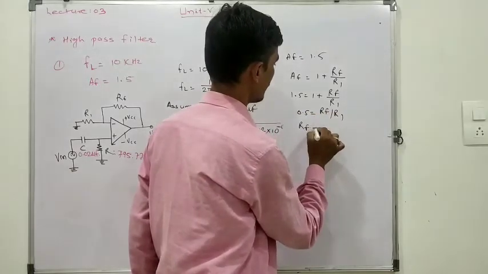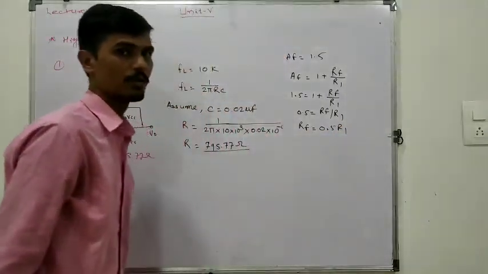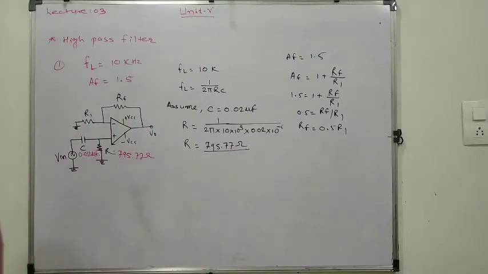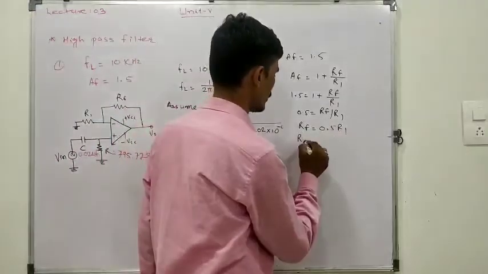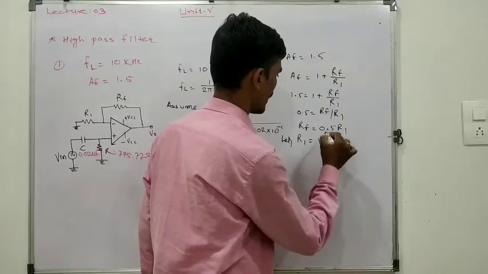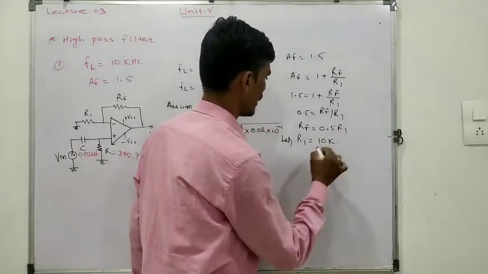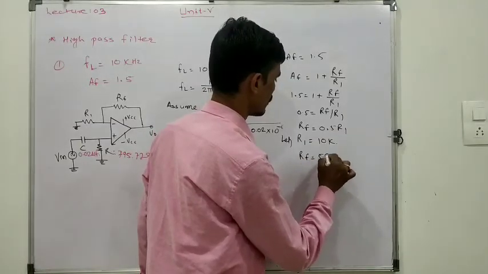Ultimately RF is equal to 0.5 R1. You can select any value of R1, or we can select the value of RF. Let us assume R1 is equal to 10K. When we multiply 10K by 0.5, RF is equal to 5K.